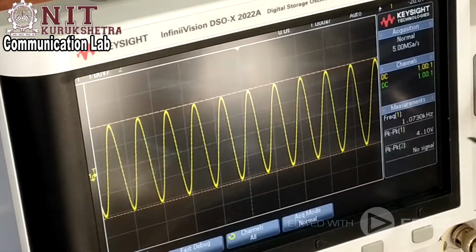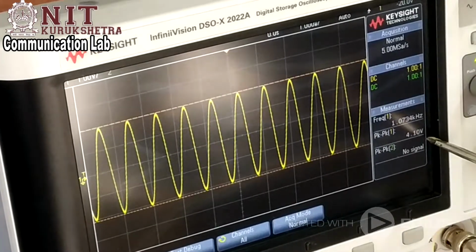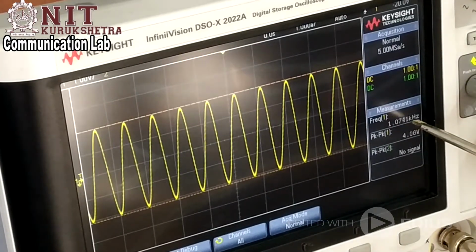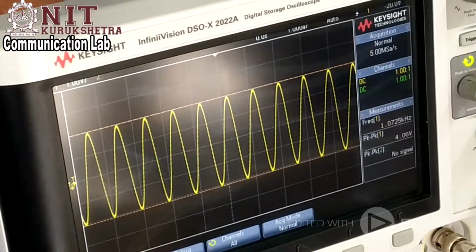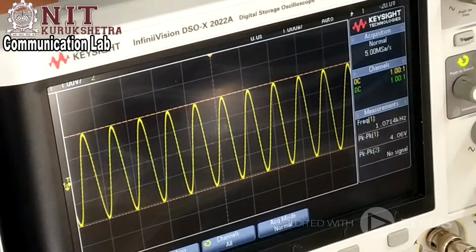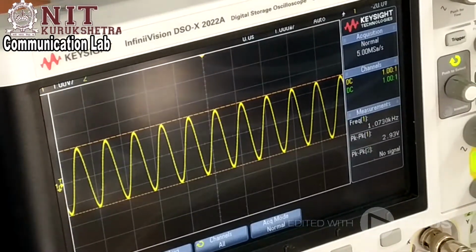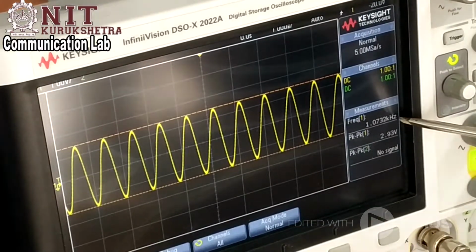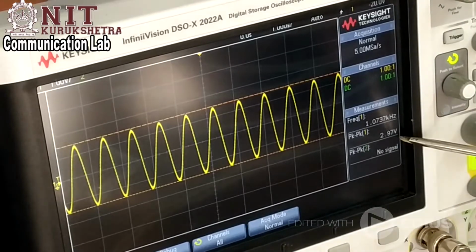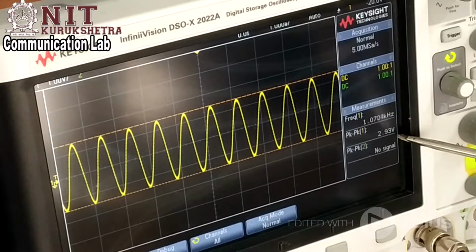This is our input at E1. You can see the frequency here, 1 kilohertz, and this is the input signal. Now we will measure across E2. Here we can see the frequency is 1 kilohertz and the amplitude is 2.9 volt peak to peak.